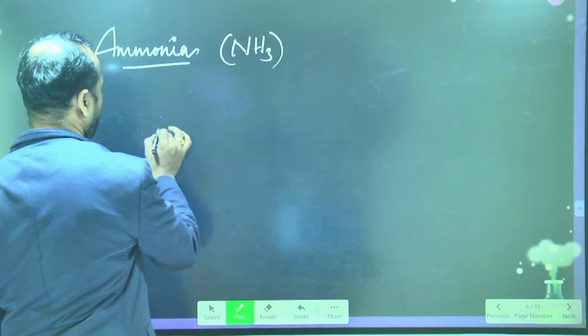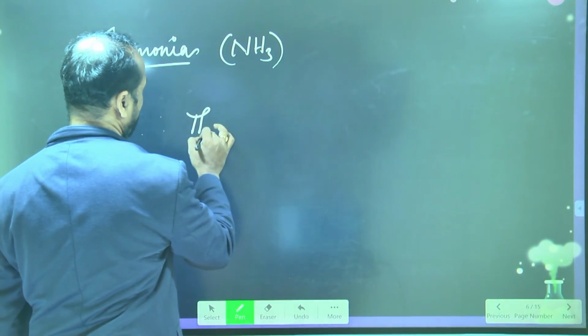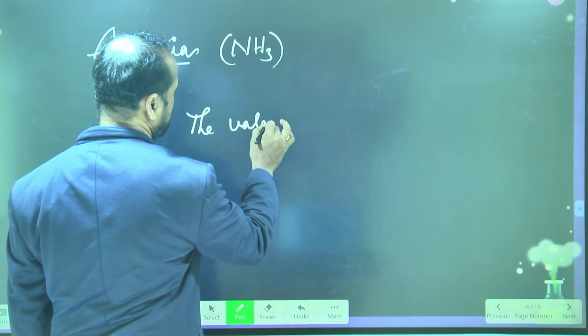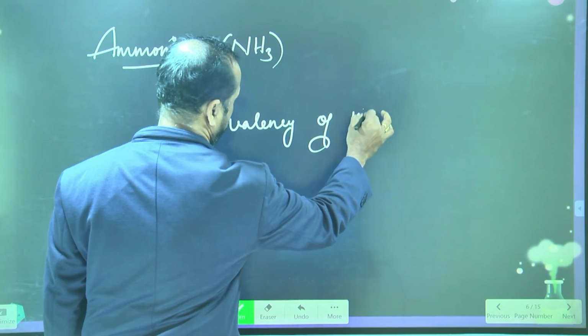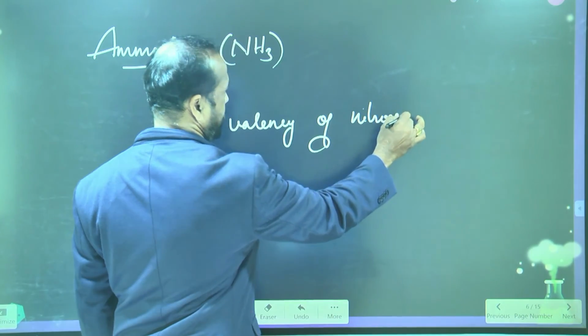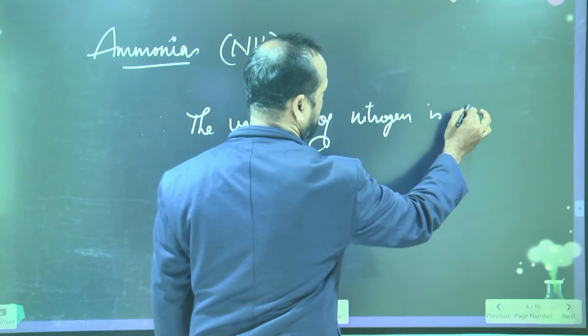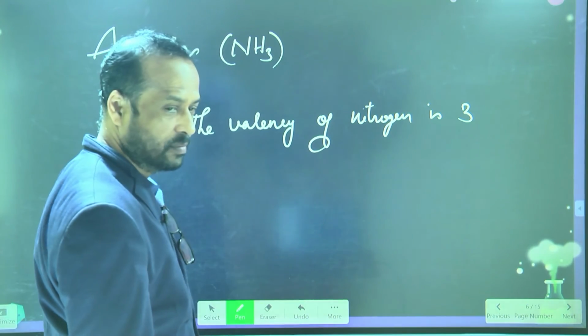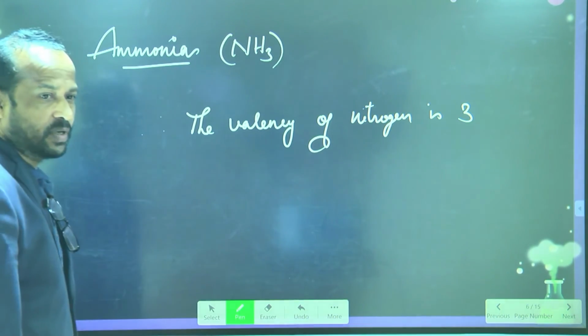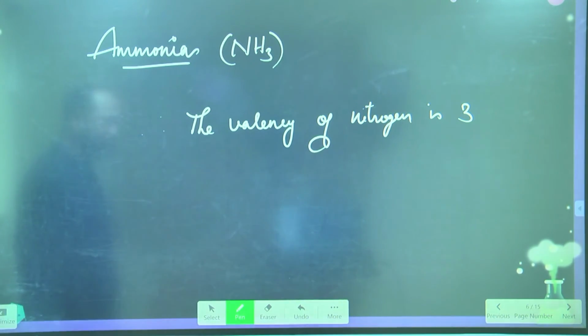So therefore, the valency of nitrogen is 3. Is it clear to you? What is valency? Okay?